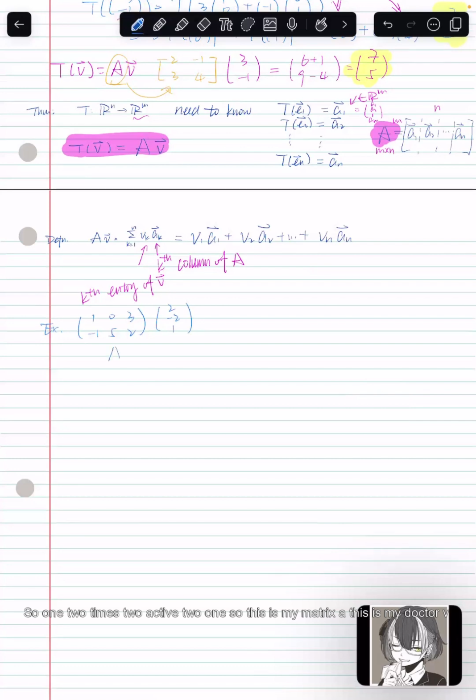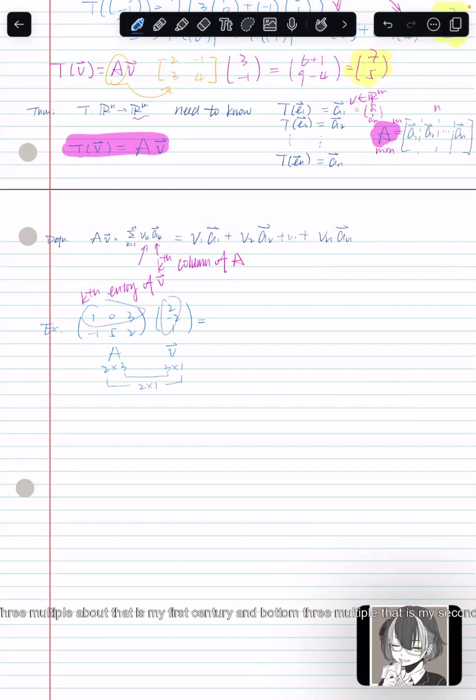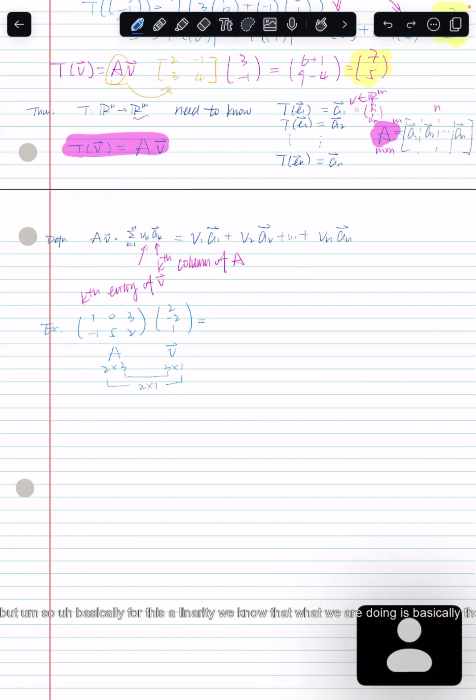So this is my matrix A, this is my vector V. And we know that this matrix A is 2 by 3, this vector V is 3 by 1. So you might already know that we are expecting a 2 by 1 matrix. When we calculated before, we did the top row multiplied by that is my first entry, and the bottom row multiplied by that is my second entry.